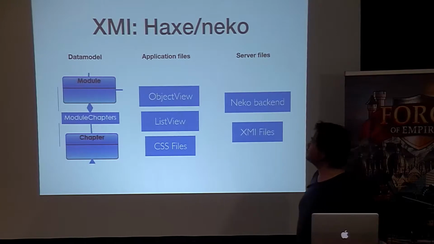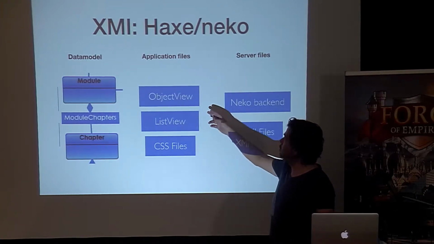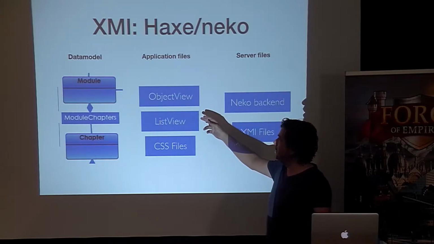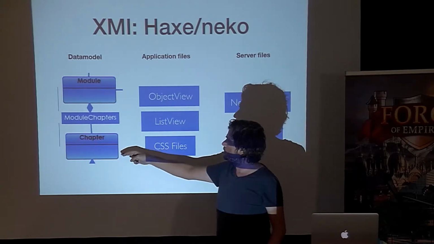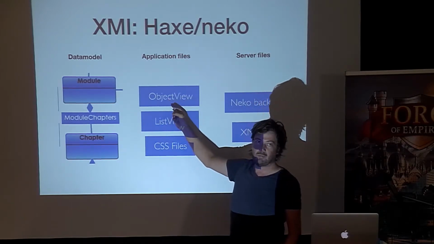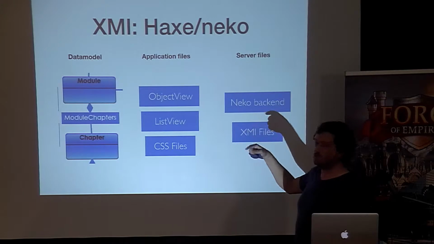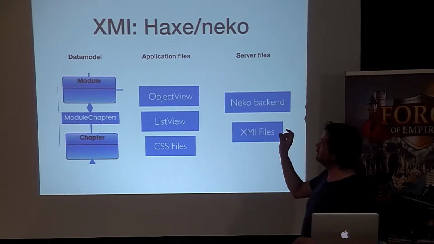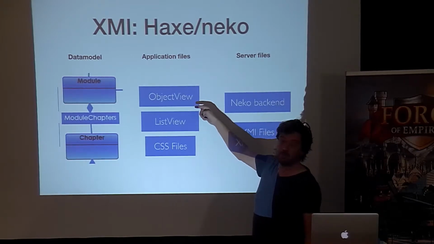Of course, sometimes you need more specific stuff, more custom stuff for an object view. Now let me explain. The chapter as well as the module is represented in the view by the object view. So as I showed you before, when I added the property, that's the object view, and it contains a property view.